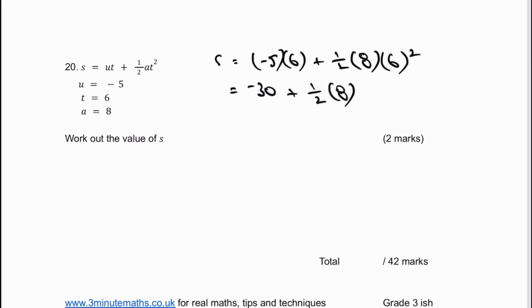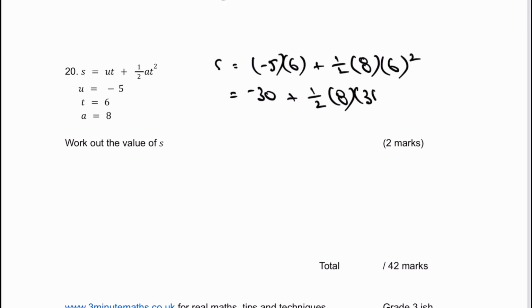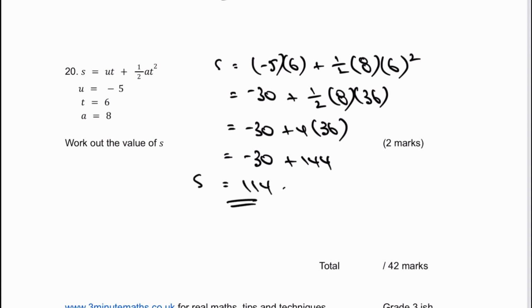Now again, I've got my value of t as 6. I need to square it first because of BIDMAS, so that's going to be 36. That's going to give us minus 30, and half of 8 is 4, so it's 4 multiplied by 36, and when I calculate that, I'm going to get minus 30 plus 144, which means that S in this particular case will be 114, and that's the answer to the final question.